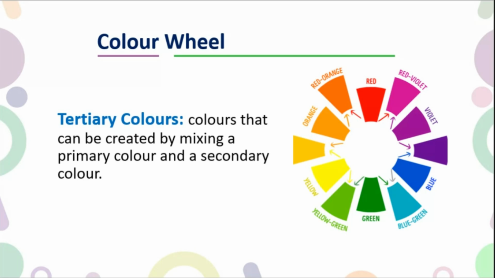So if I take red and I take orange, then I mix it, the red will be more than the orange, so we call it red orange, because the quantity of red is more. If I add yellow and orange, because the yellow will become more in the orange, we call it yellow orange. So that's how we also get the tertiary colors.